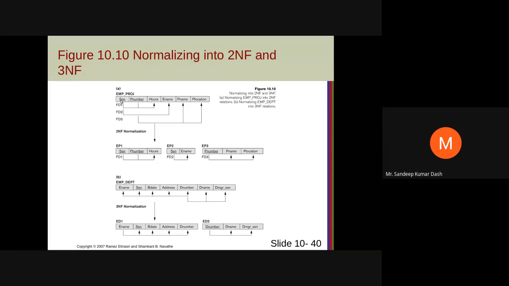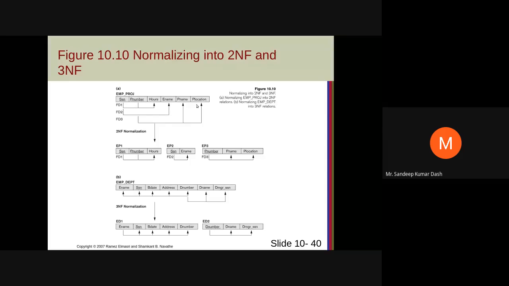Ename was dependent on SSN only, so take them out and keep them together in a separate relation where SSN will be the primary key, as it was here. SSN has to be there in all the tables wherever it is required. So ename was dependent on SSN, so this was brought onto a separate table. This is FD2.